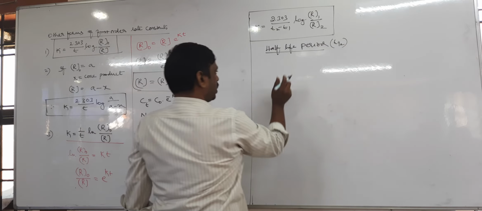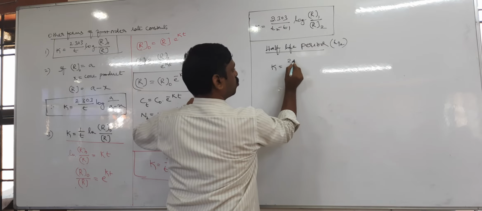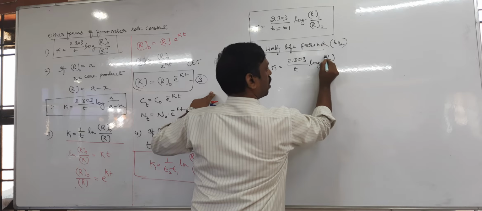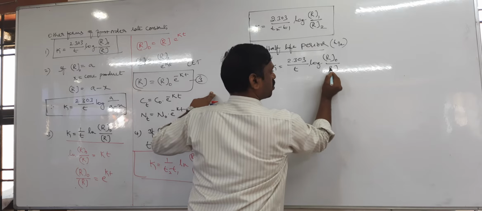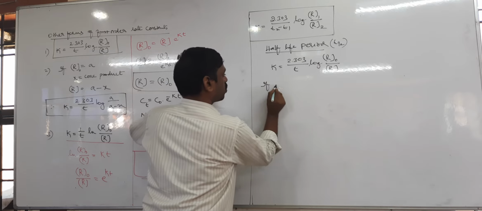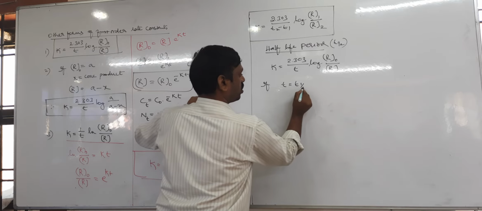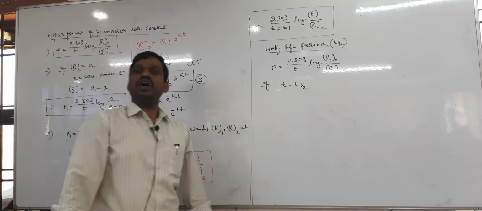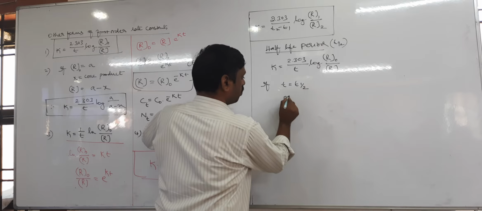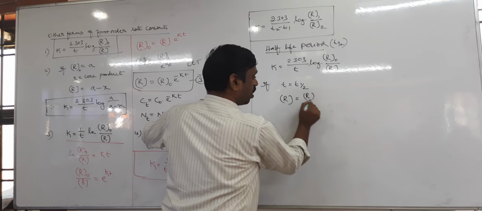Okay, now tell me. We know that K equals 2.303 by T log R naught by R. This is the rate constant for a first order reaction. Now suppose T equals T half, it means when the time equals the half life period, so R becomes what? R naught by 2, because the concentration of reactant reduces to half of the initial.